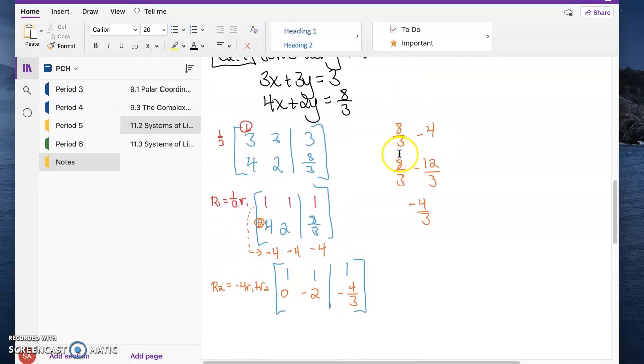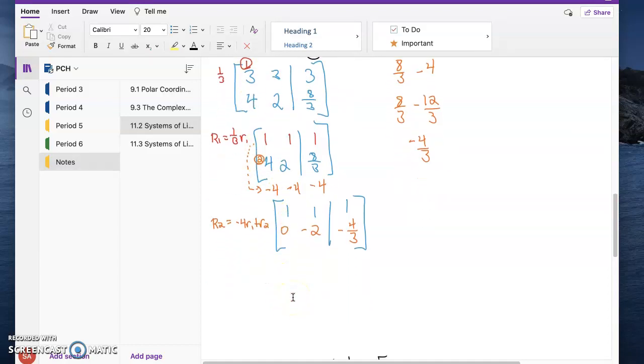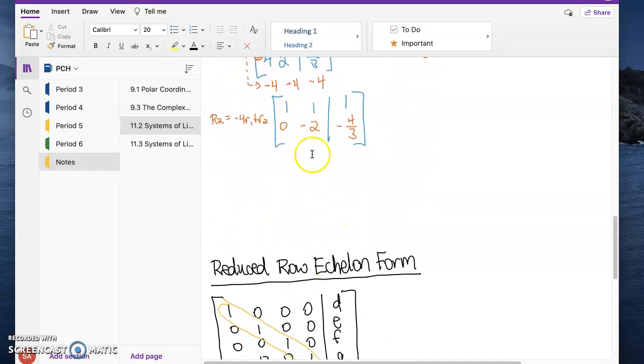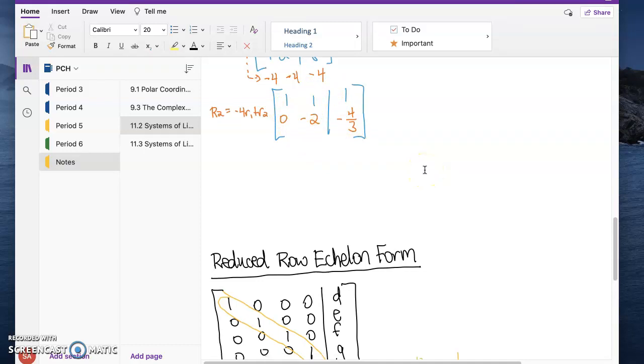So first step is to get a 1 in the top corner. Second step is to get 0 below. So I've done that. And since this is just a small matrix, a 2x2 matrix, there's only going to be one more step. Let me pick a different color. Let's do purple.